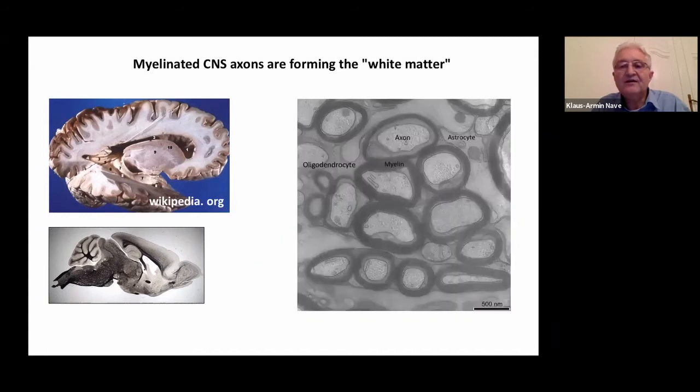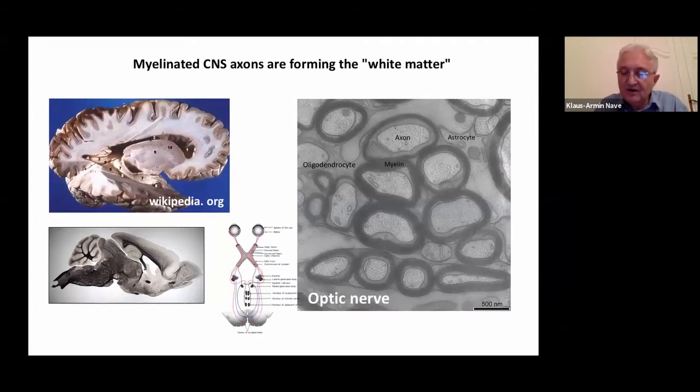Now, myelin is, as you know, best visualized by electron microscopy. These are very high quality, high pressure frozen optic nerves that we are using to visualize myelin as a parallel structure. In fact, the optic nerve is a piece of white matter. It's our favorite model system, and you'll see more of white matter biology as exemplified by optic nerve biology, but by extension, it's also true for the rest of the brain and spinal cord.